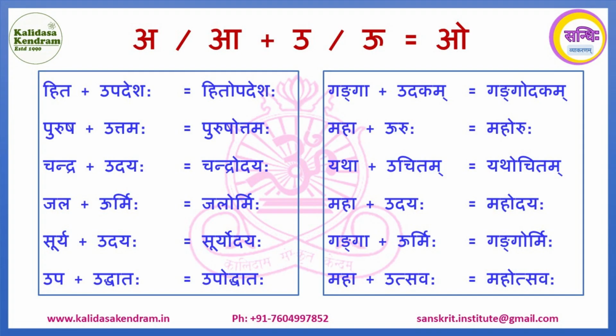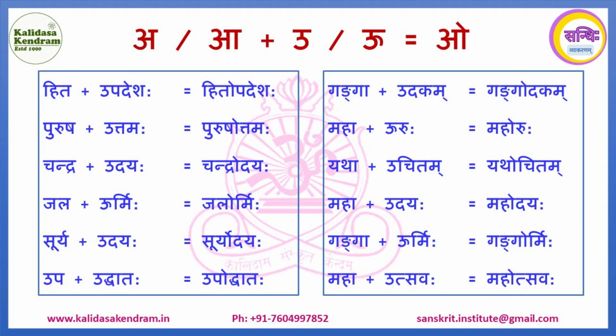Surya plus udayaha, suryodayaha. Upa plus udghataha, upodghataha. Ganga plus udakam, gangodakam. Maha plus uruhu, mahoruhu. Yatha plus uchitam, yathochitam. Maha plus udayaha, mahodayaha. Ganga plus urmihi, gangormihi. Maha plus utsavaha, mahotsavaha.